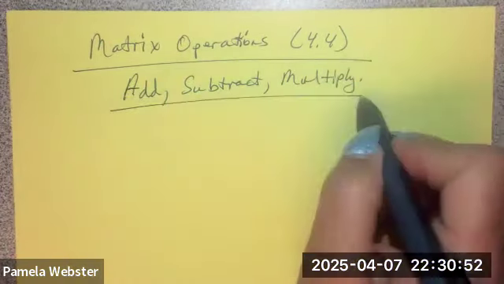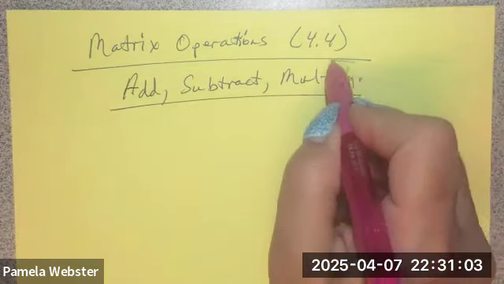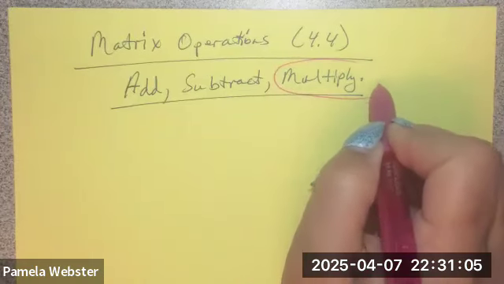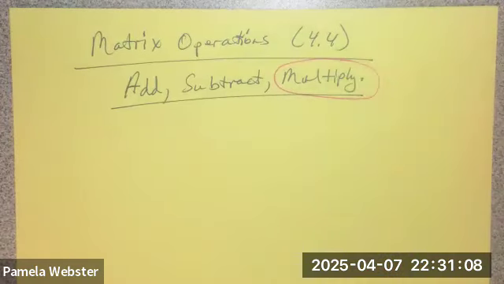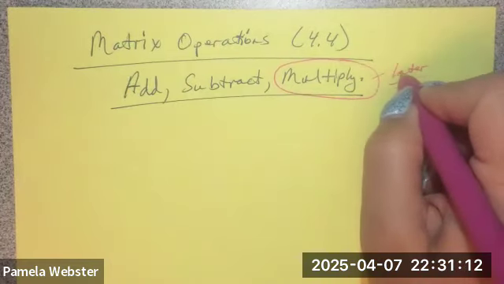I am starting to wear myself out here, and I just feel like I'm not going to make as good of a video. I'm more likely to make mistakes if I do all three of those because I don't have time. So I'm going to split this video, and I will do add and subtract right now, and I will do multiply later.